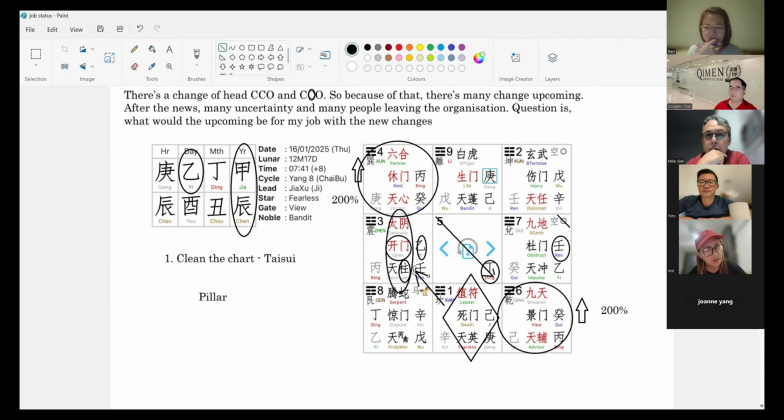But in the case of divination, it's the same concept. That means ever changing. So imagine if this is a question asked, what will be my job because of the new changes? This is a funding chart. And we have a big picture of what's going to happen. Ever changing, right?